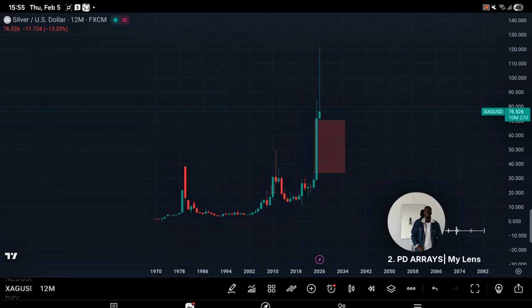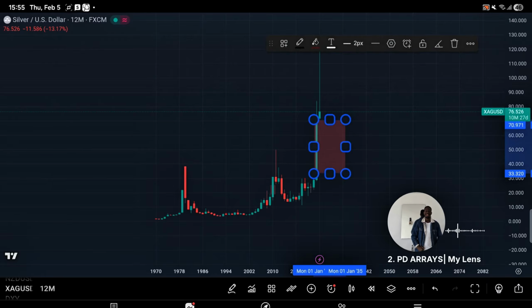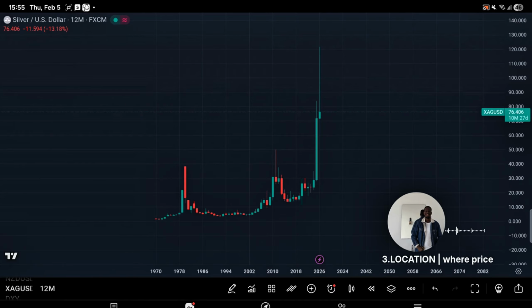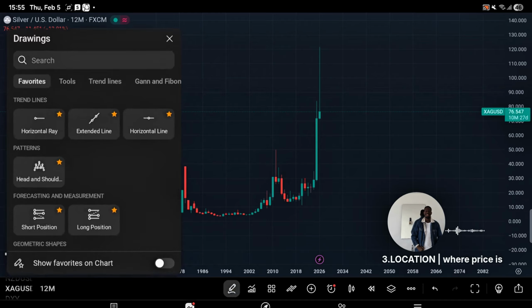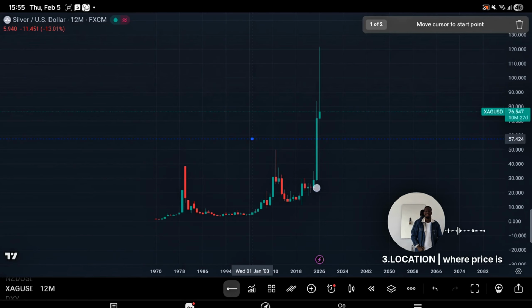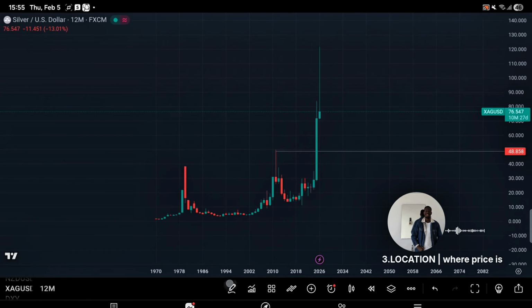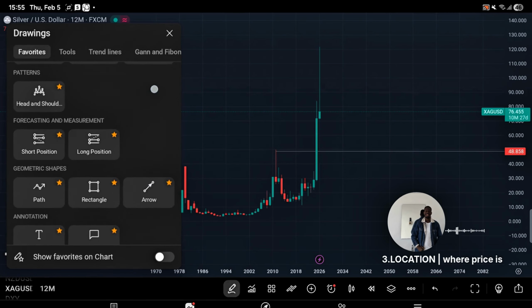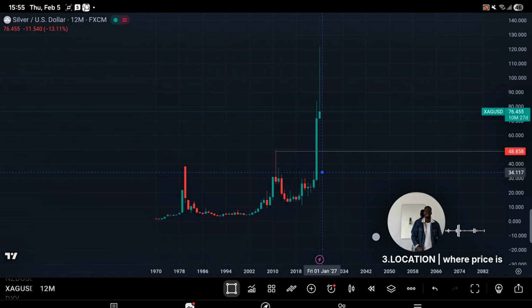Another thing that matters to me importantly is the location. So where is price in relation to my PD arrays? For example, as I've shown you, I trade fair value gaps and swing points. The red line you're seeing right now is a swing point.